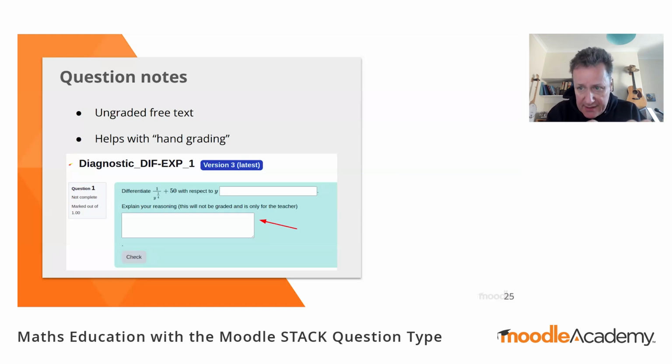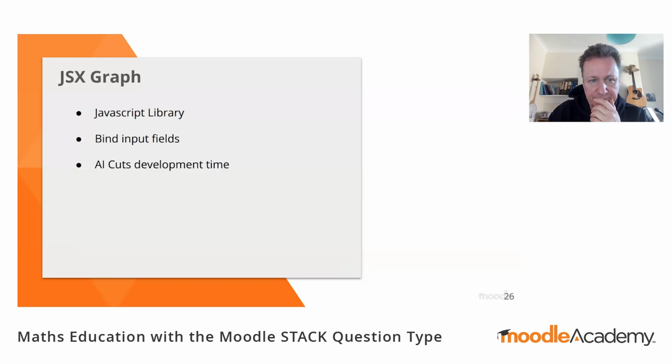And if you put in a little box here that says, explain your reasoning, this will not be graded, it is only for the teacher, the student might type in something like, I have no idea, or this is my logic. So you can actually capture some feedback from the student on what their thinking was. And that's not graded, but it's useful because you can hand mark questions.